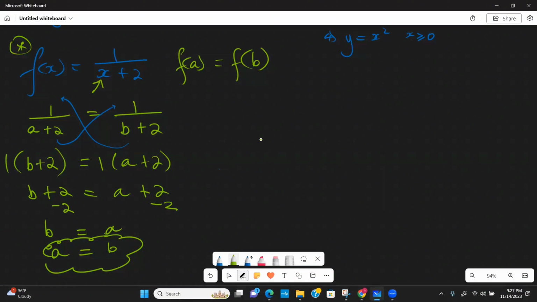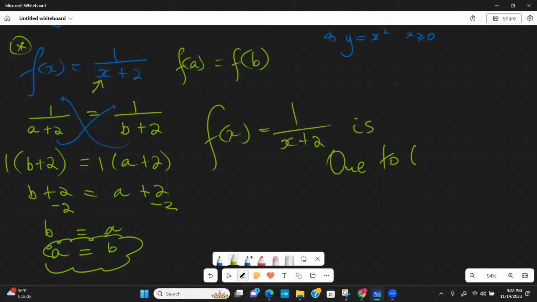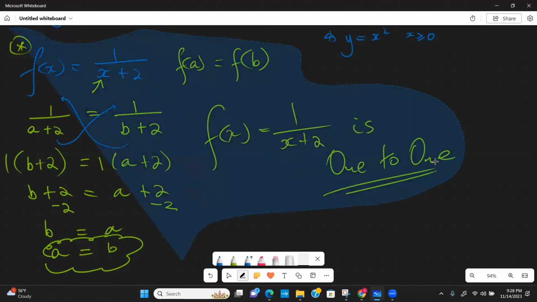So as long as we substitute a and b in the function, equate them, and then break it down or solve, and we end up with a equal to b, this means that this function, f of x equal to 1 over x plus 2, is a one-to-one function. As long as that is happening, the function is one-to-one.